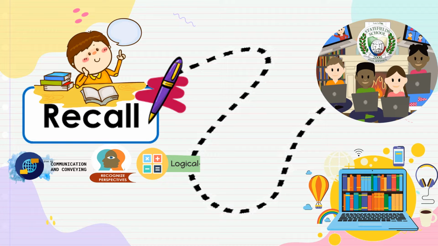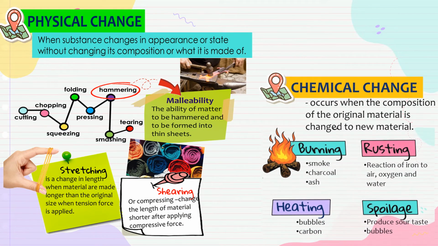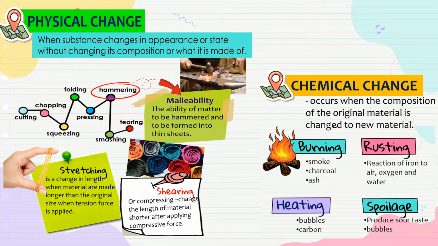Let's have a recall of our lesson last time. Last time, we talked about physical change and chemical change. When a substance changes in appearance or state without changing its composition, or what it is made of, that is called physical change.